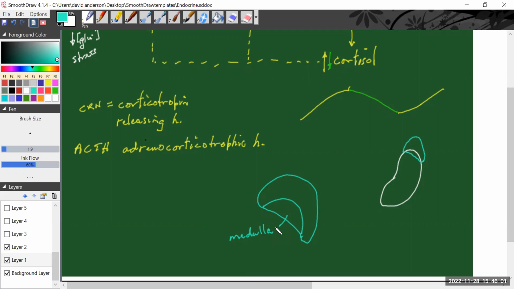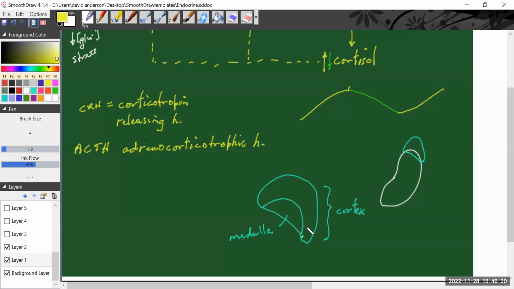It's important that we remember to put that word oblongata after medulla, because there's more than one medulla. And the cortex is the outer part. So this outer part is the cortex, and it's got three distinct zones.